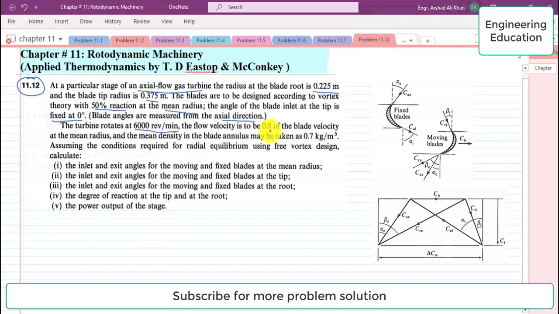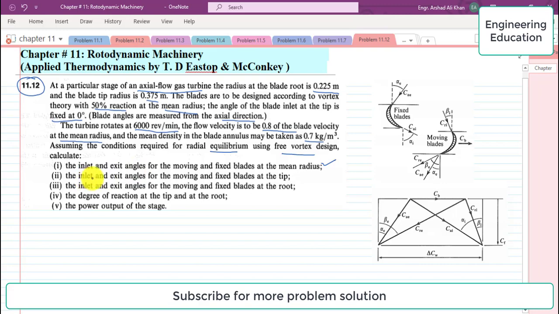The flow velocity is to be 0.8 of the blade velocity at the mean radius, and the mean density in the blade annulus may be taken as 0.7 kg per cubic meter. Assuming the conditions required for radial equilibrium using free vortex design, calculate the inlet and exit angles for the moving and fixed blades at the mean radius.